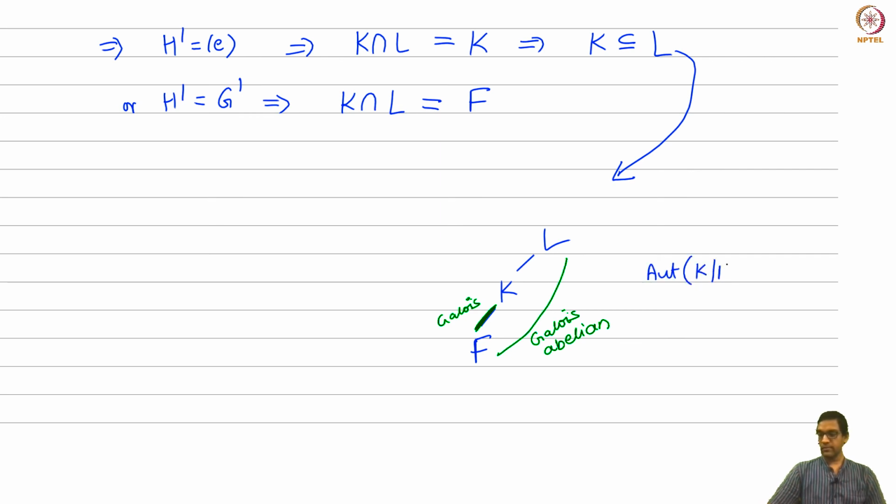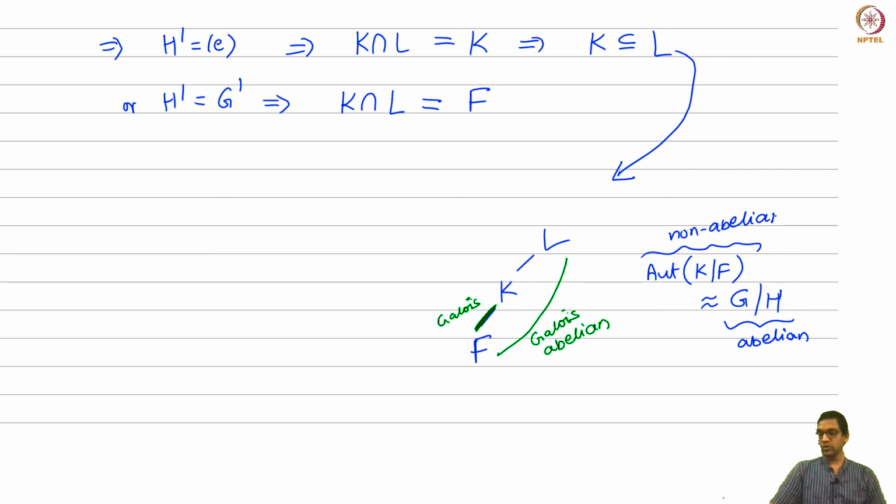The Galois group of K over F would have to be a quotient, right? So in our earlier notation, this is the quotient G mod H. But whatever it is, G is abelian, so G mod H is abelian. But we are also given that the automorphism group of K over F is non-abelian.